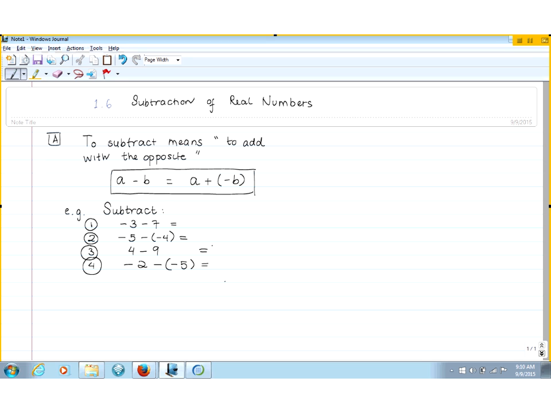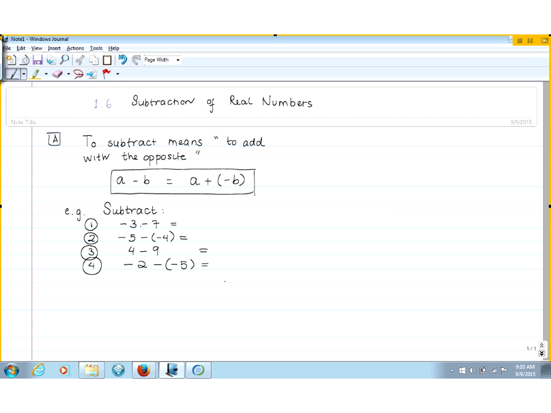So let's discuss this. Negative 3 minus 7. Some of you know it's already negative 10, so you don't have to write it. But let's see. Is this negative 3 a subtraction? No, this is a negative number.